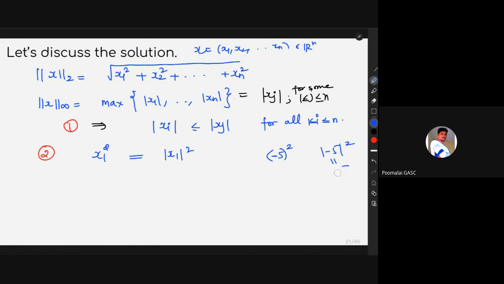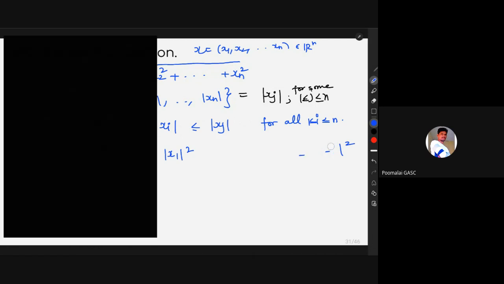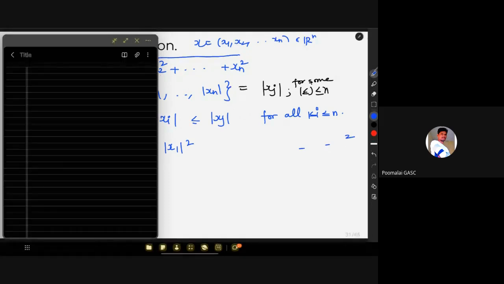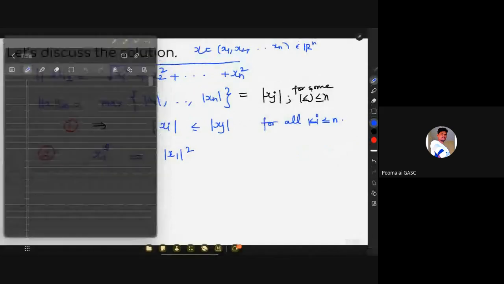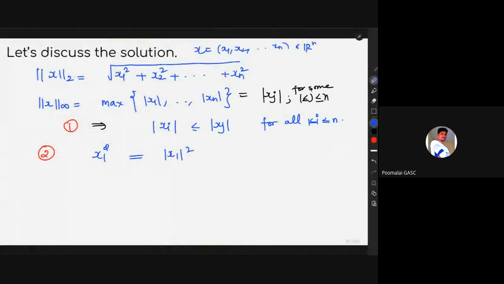It will always be positive, and they will be equal. In particular, this is true for all i varying from 1 to n. These are the two observations we need to make to solve this question.